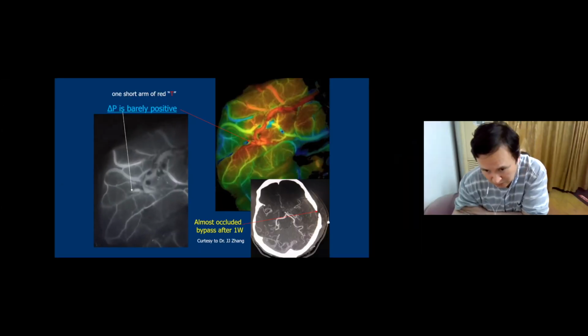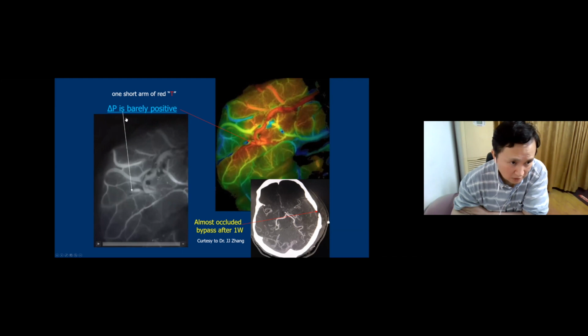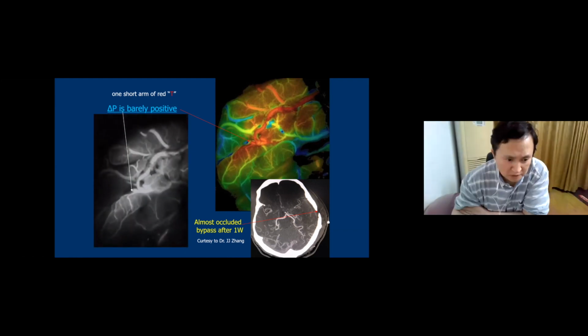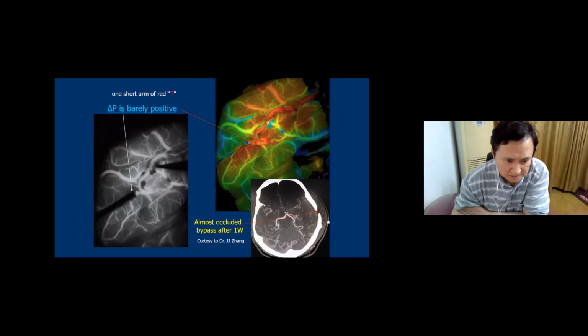It's maybe less than 5 millimeters. So just after 1 week in the CTA, we can see the bypass was almost occluded because the delta P is too small. We can see the balance point located very close to the stoma.